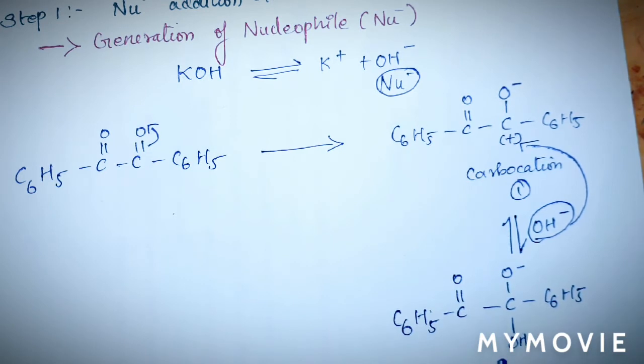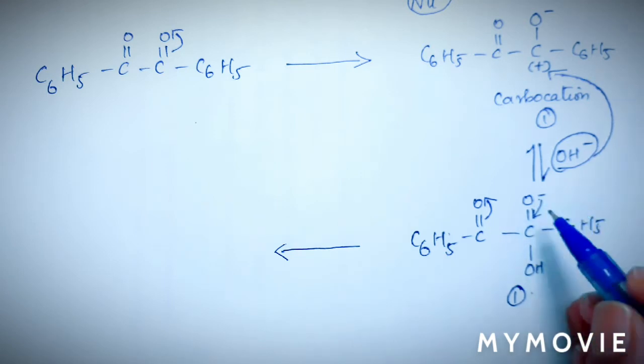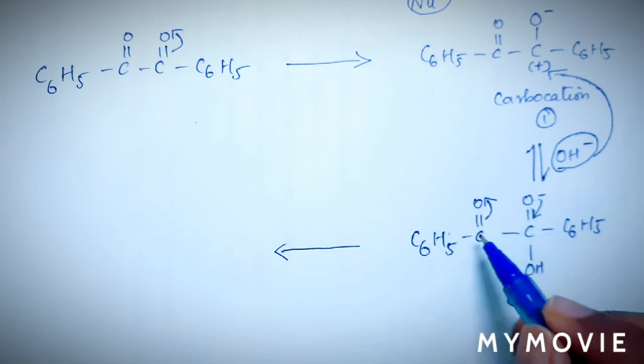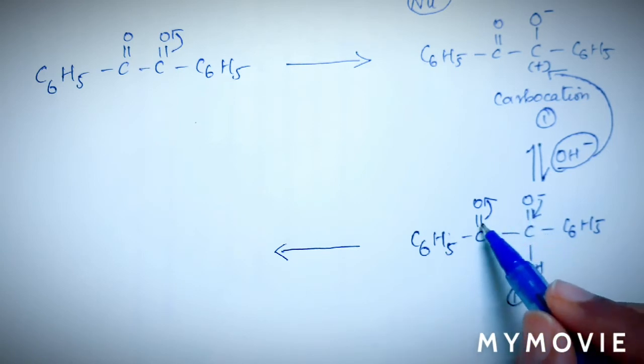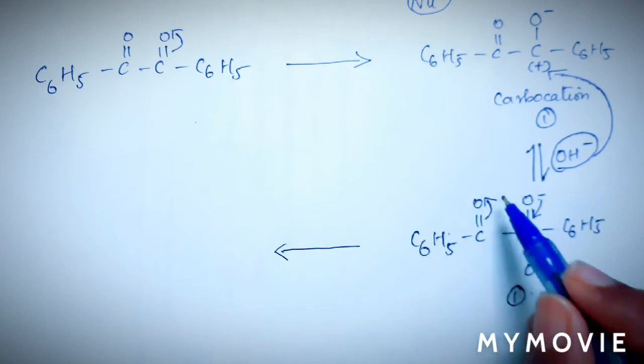Now this first product is highly unstable because of the negative charge on oxygen. So the next step will be the shifting of this negative charge. We see that there are two types of shiftings happening. The first shift is the negative charge shifting towards carbon to form a double bond. This carbon atom is shifting its double bond towards oxygen to make it O minus.